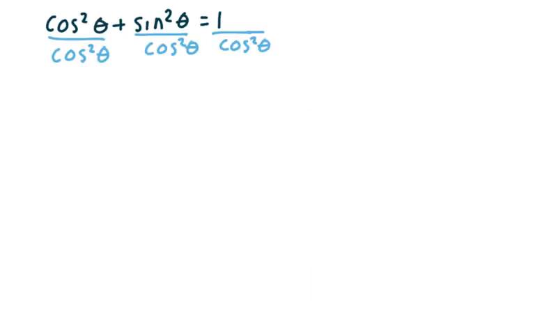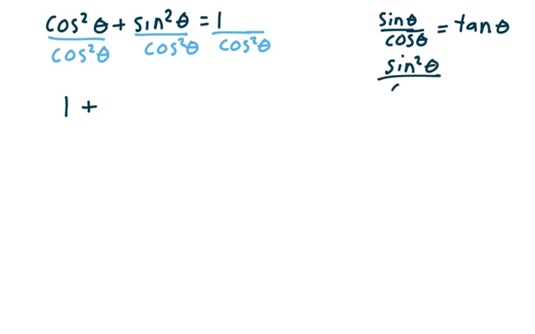Okay? Now, cosine squared theta over cosine squared theta is 1. Now, remember, sine theta divided by cosine theta is equal to tangent theta. So sine squared theta over cosine squared theta, that's going to be tangent squared theta. So I'm going to get 1 plus tangent squared theta on the left side.